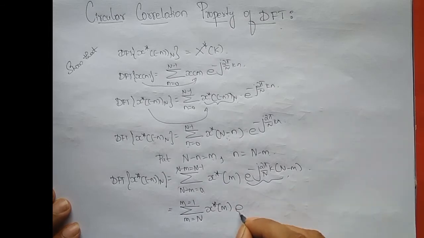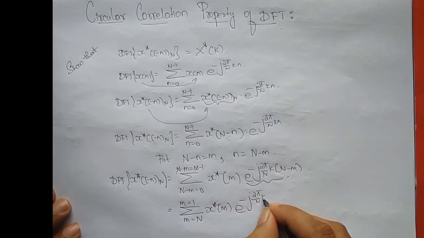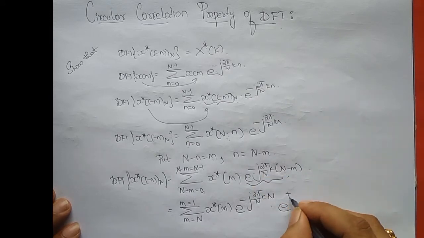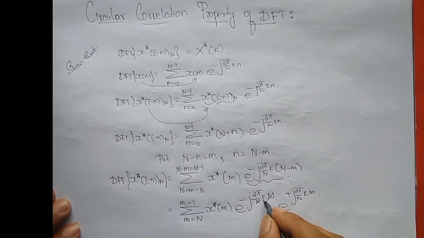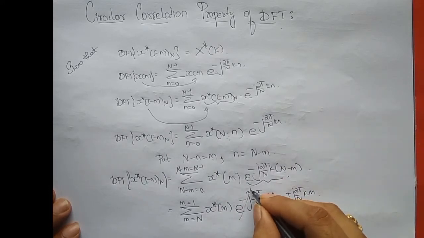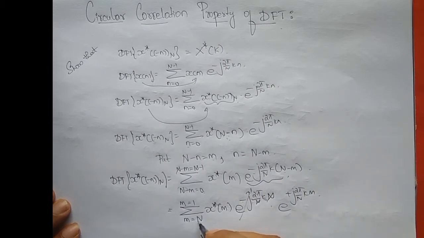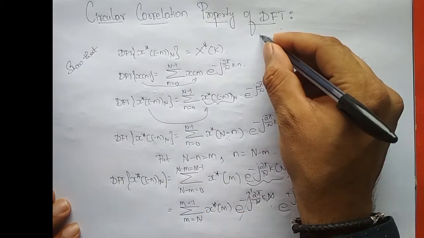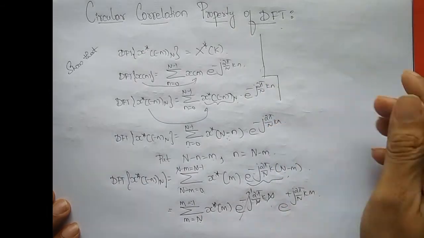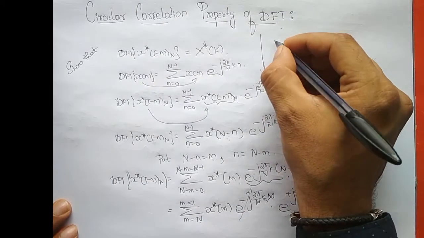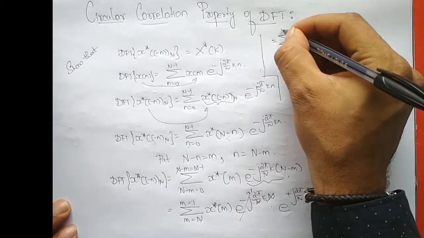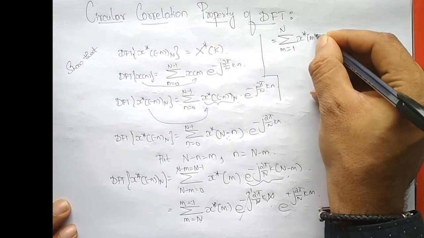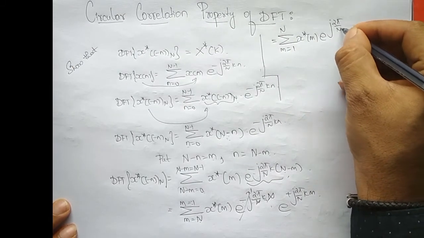I'll split this exponential: e power minus j 2 pi by N into k into N, into e power plus j 2 pi by N into k into m. Here N cancels out: e power minus j 2 pi into any integer, where k is an integer here. So this term is 1. In the next step, instead of writing N to 1, I'll write it from 1 to N, because summing from one end to the other is equal to summing in the reverse direction. So I interchange the summation: m varying from 1 to N of x star of m into e power j 2 pi by N into k into m.